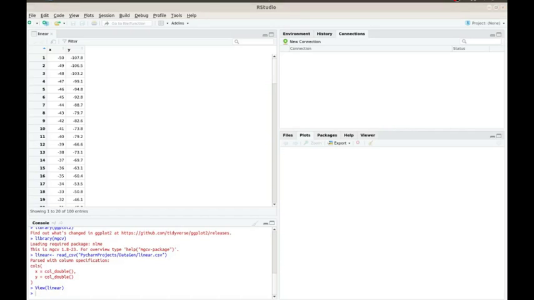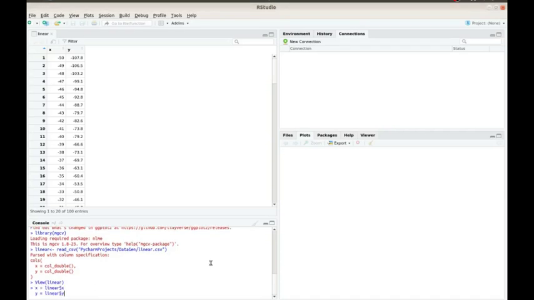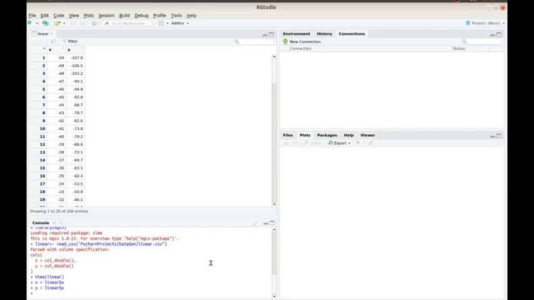As before, I'm going to assign x to be linear$x and y to be linear$y. This allows me to do some programming where I don't need to define linear$x and linear$y in a plot.